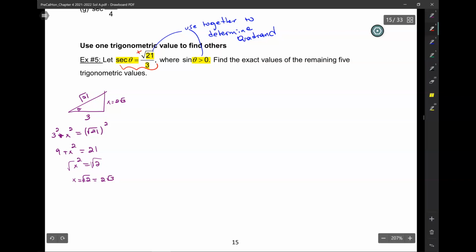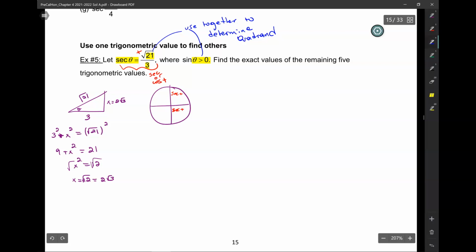But look, it's positive, right? So this is telling me secant or cosine is positive. So on the unit circle, where is cosine positive? It's positive in the first and the fourth.